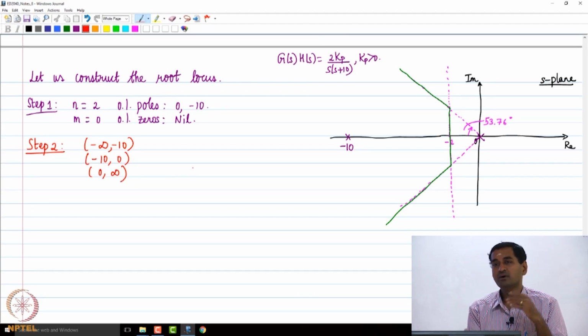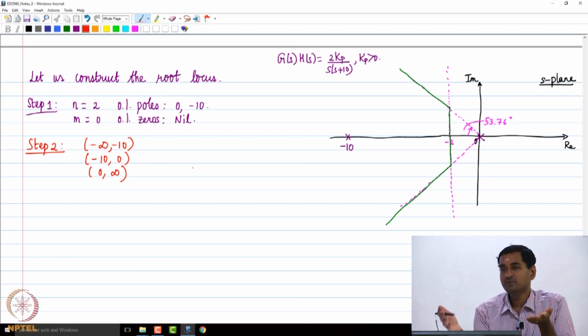Now what is the test that we need to adopt? You choose a test point in one of the regions, look to the right of the test point, and the number of real open loop poles and real open loop zeros should be odd, right? So if you take a test point in the region minus infinity to minus 10, you look to the right.